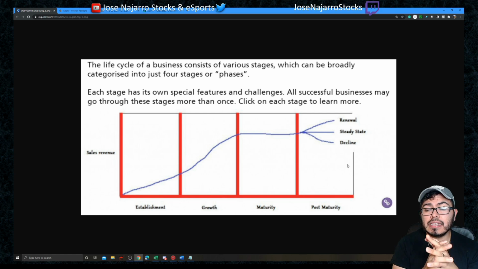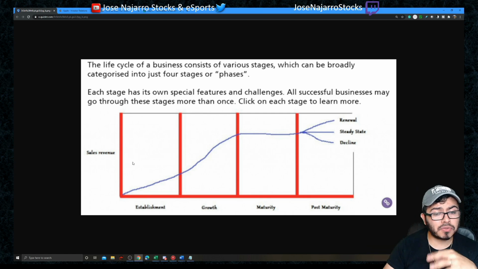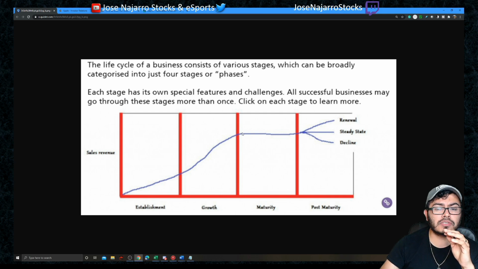Then there's post maturity. Post maturity can go three ways. The first way is a decline, and one of the perfect examples for this right now that I can think of would be GameStop. GameStop established, became a huge name, started to grow, then it started to slow down its growth, and then when e-commerce and all that came out, it started to decline.